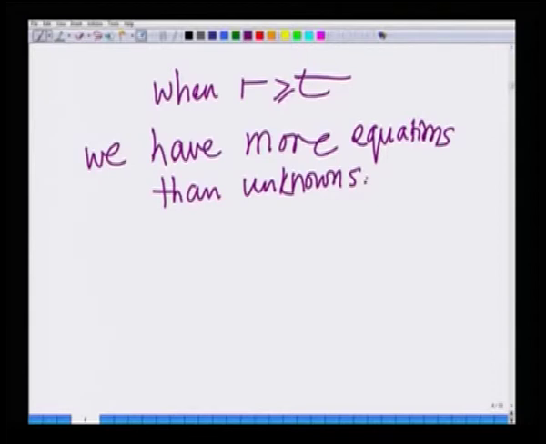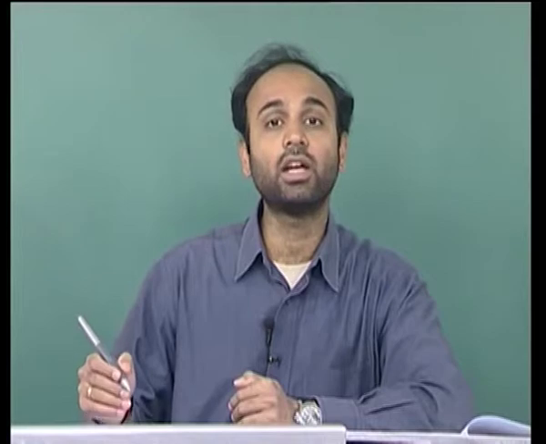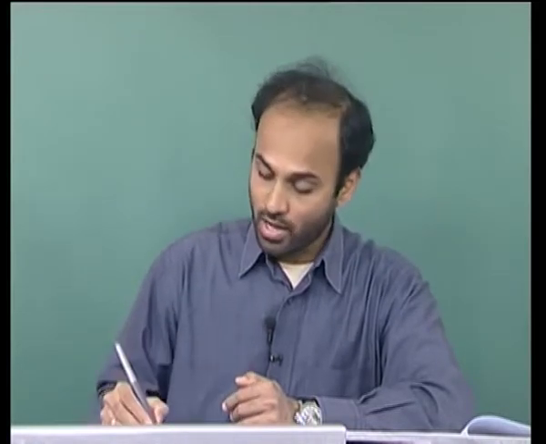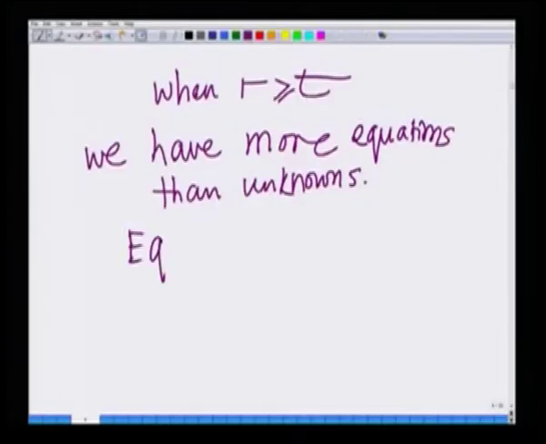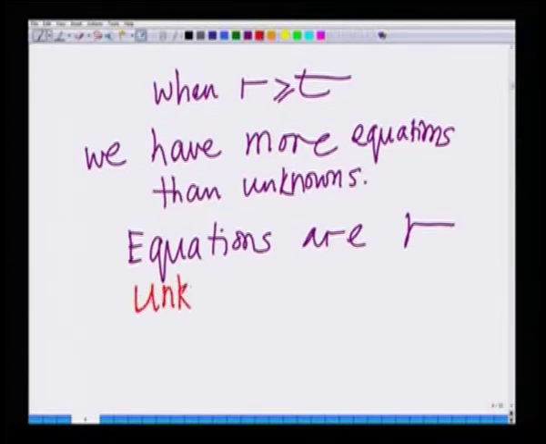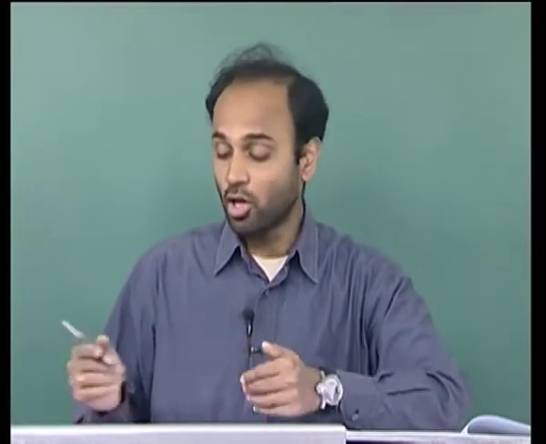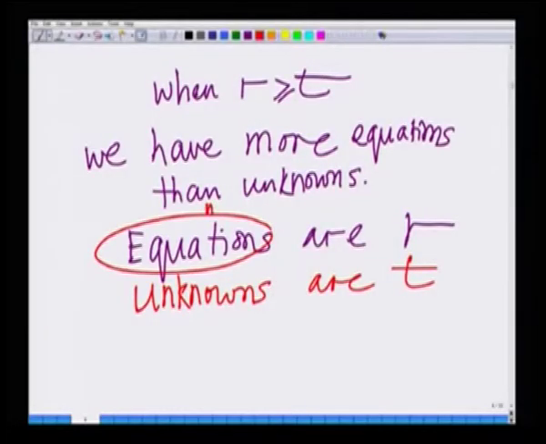Why is that the case? Because we have R equations, one at each of the R receive antennas. However, the unknowns are only T, which are the transmit symbols. So these equations are nothing but the measurements.